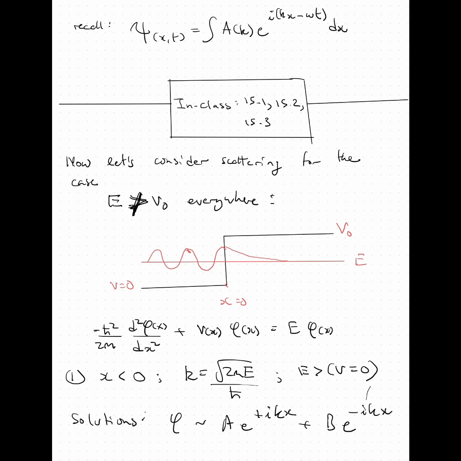And now for the x greater than 0 case, what we have is the following: k naught is root 2m(E minus V naught) over ħ, and that is equal to i root 2m(V naught minus E) all over ħ.